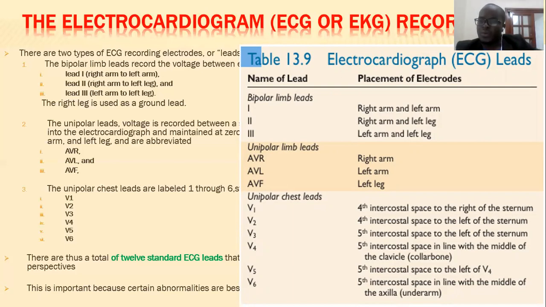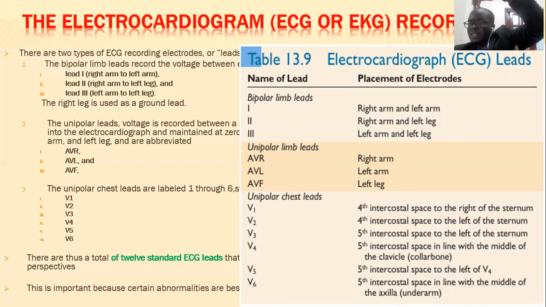This is where you put your V4. Then your V5 is still in the fifth intercostal space, but to the left of V4. Then your V6 will be in the fifth intercostal space in the line with the middle of the axilla, or under the armpit.